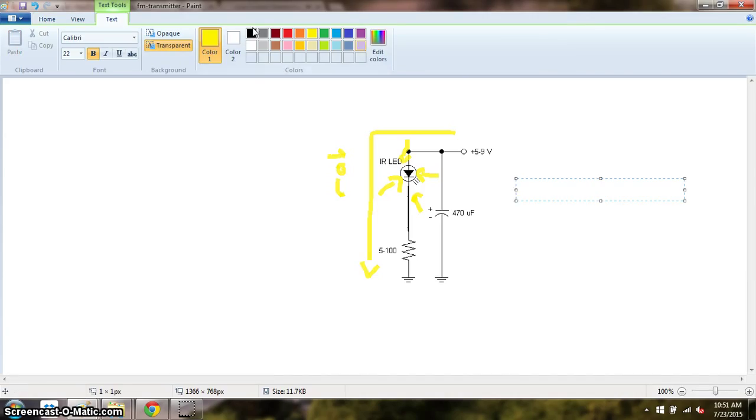The word we're looking for is sudden. We don't want sudden changes, sudden drops or rises of current.